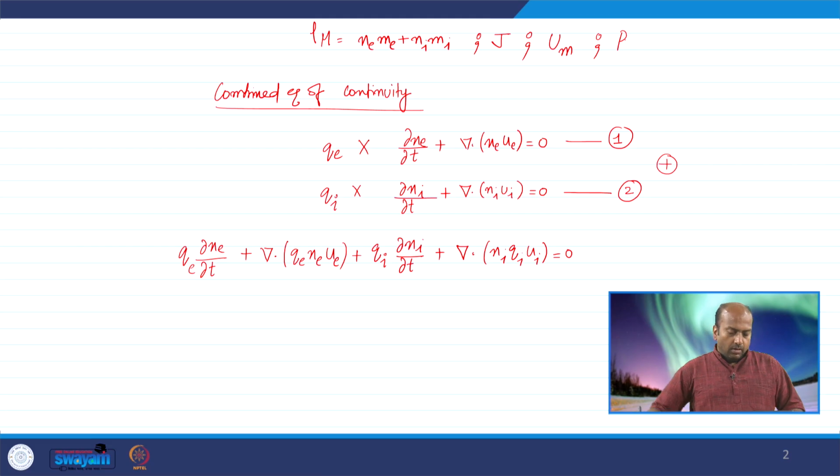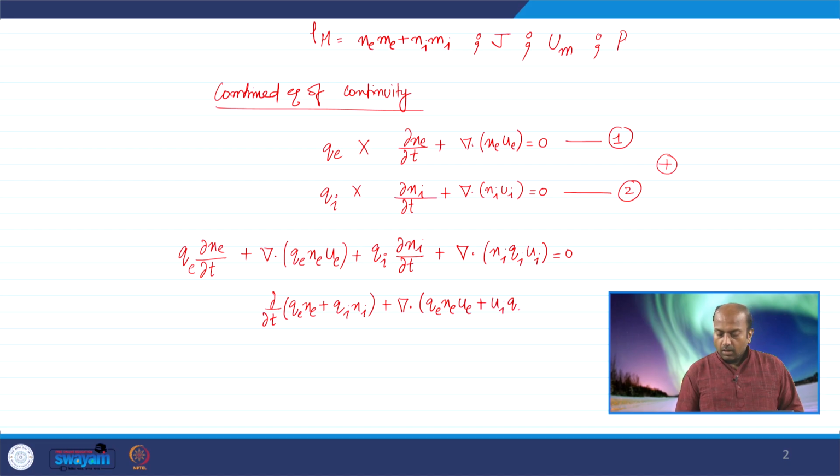Right. So, we can write it as dou by dou t of QE Ne plus QI Ni, which becomes the total charge, plus divergence of QE Ne ue plus QI Ni ui is equals to 0. Nothing to worry about. It is just a simple addition of both the equations 1 and 2.